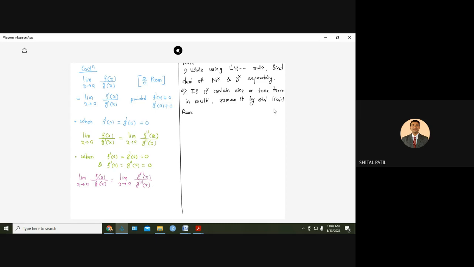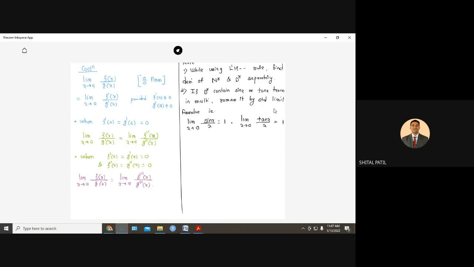Very important statement. That is, we have to use this formula: limit x tends to 0, sin x by x is 1, and limit x tends to 0, tan x by x is also 1. So we have to use these formulas whenever it is in the denominator only.